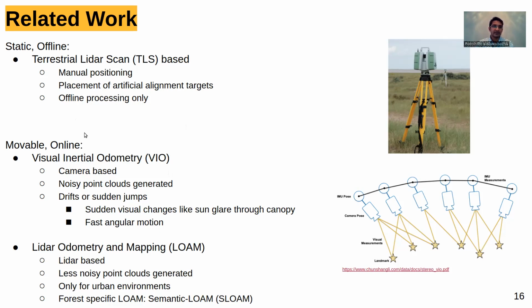But apart from this offline processing method, there are a few other real-time techniques which have been used in robotics. One of the first was visual inertial odometry. This involves a camera and an IMU, where from different locations along the trajectory in which the camera is moved, key frames or interesting features in the surroundings are selected, and correspondences are found between those images.